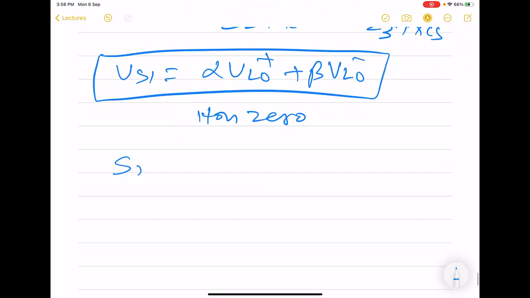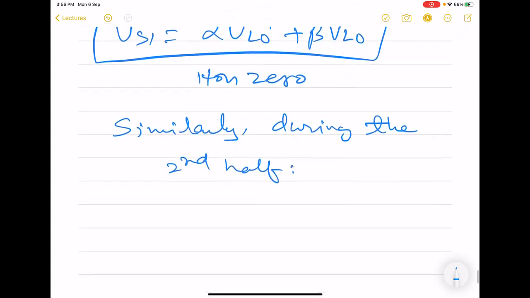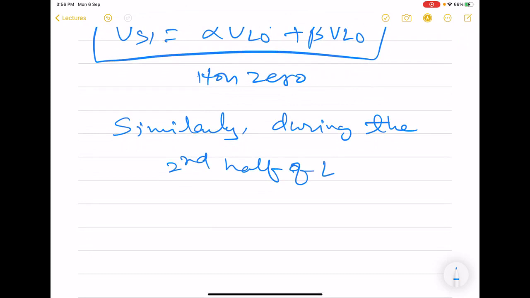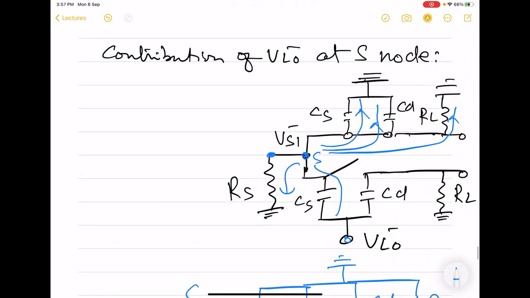So similarly, during the second half of LO, we will have a scenario exactly reverse of this.